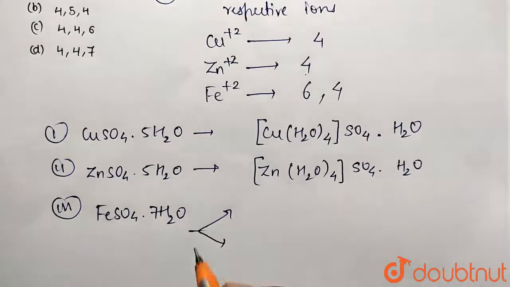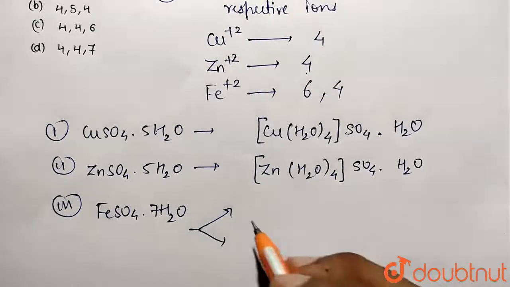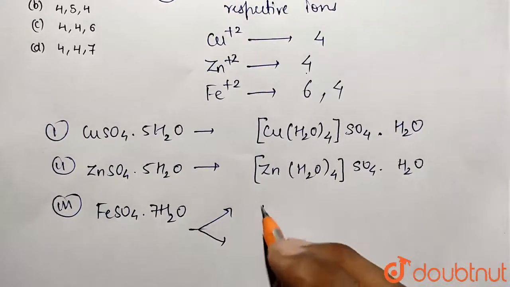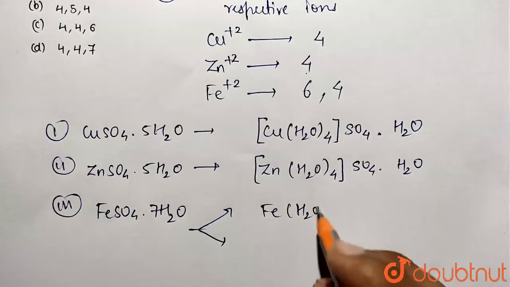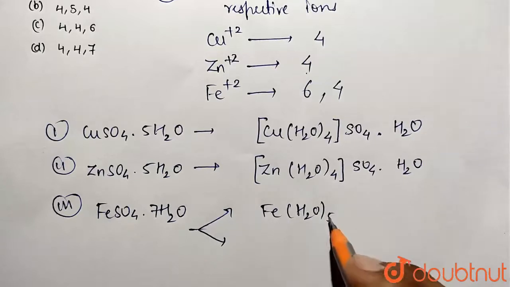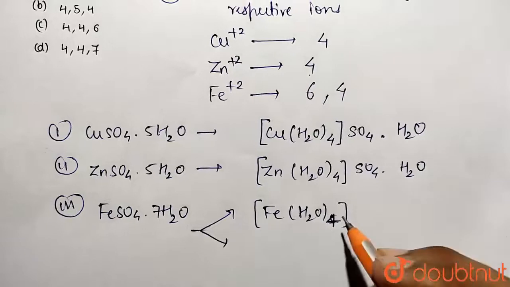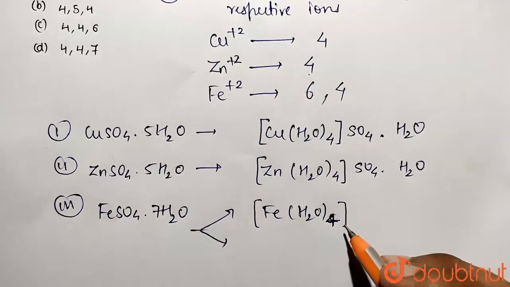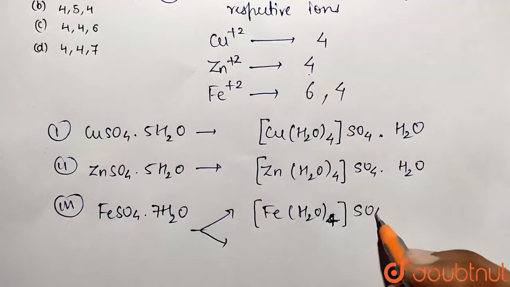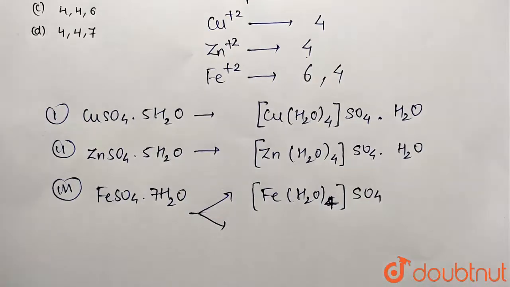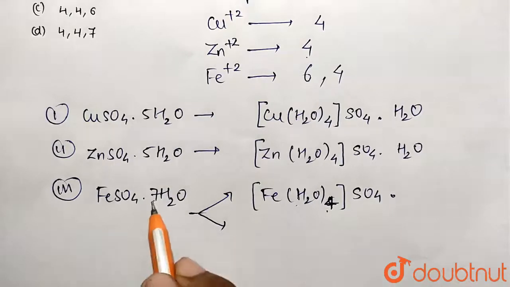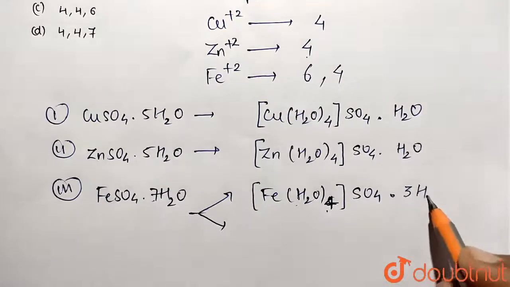First we write for 4. When 4 water molecules are accumulated, the iron is surrounded by 4 water molecules, so this is [Fe(H2O)4], and the rest is satisfied outside. This is going to be SO4, and how many water molecules are left? We have utilized 4 and are left with 3, so this is 3H2O.